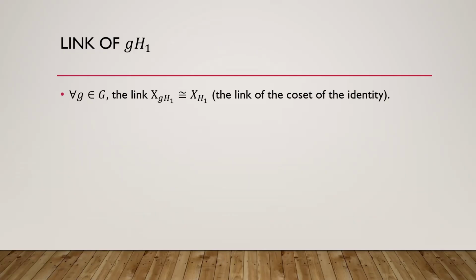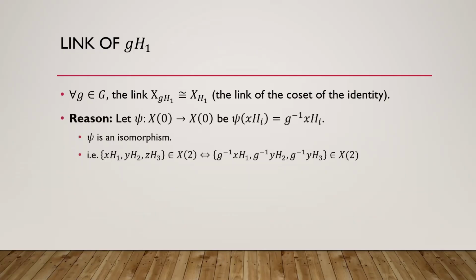To see this, we need to observe that this complex is very symmetric, in the sense that we always have an isomorphism of the simplicial complex that will send GH1 to H1. This isomorphism just sends some coset XHi to G inverse XHi. And you can follow the definition to see that this is indeed an isomorphism of simplicial complexes.